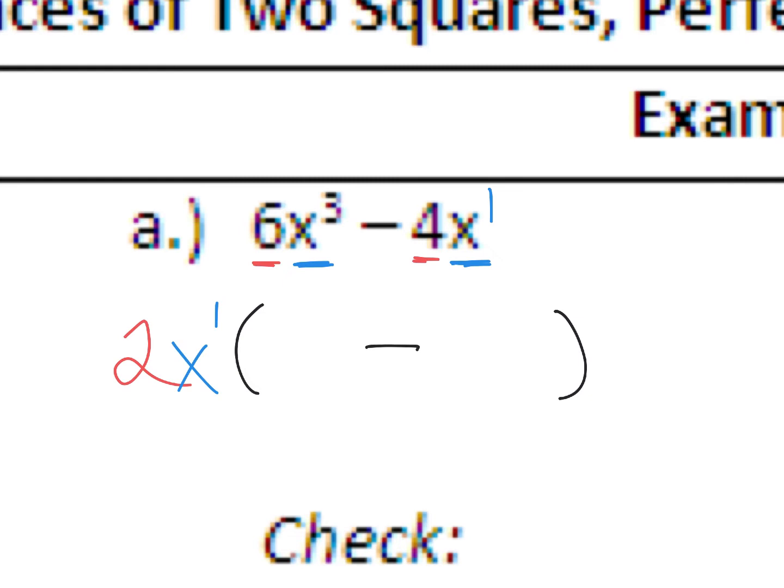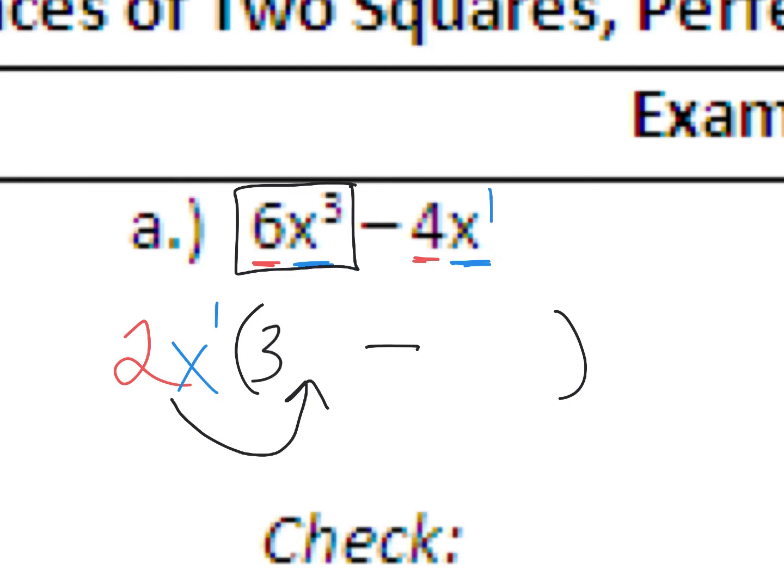And then we just ask ourselves, 2x times what gets me back to 6x to the third? And you could break that down into smaller chunks if you would like. You can start by just asking yourself, well, 2 times what gives me 6?